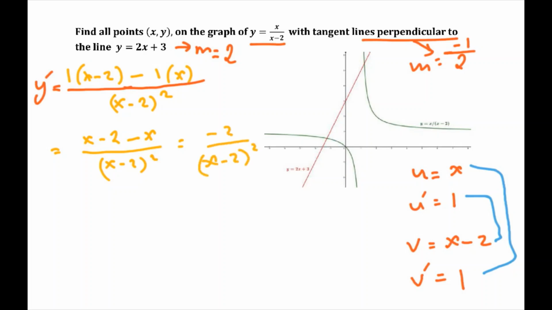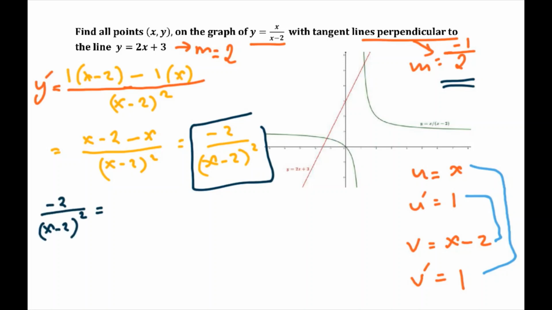Now, we know that this is going to be my slope. So we are going to say negative 2 over x minus 2 squared equal negative 1/2. By cross multiply, you are going to end up with negative 2 by 2 equal negative 1 by x minus 2 squared. You can divide everything by negative, so it's going to be 4 equal x minus 2 squared.